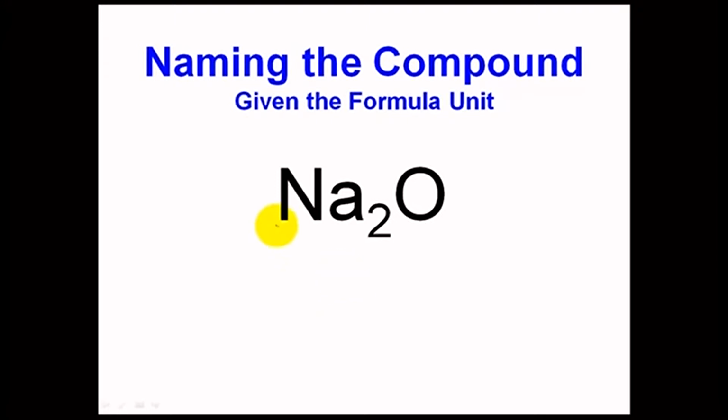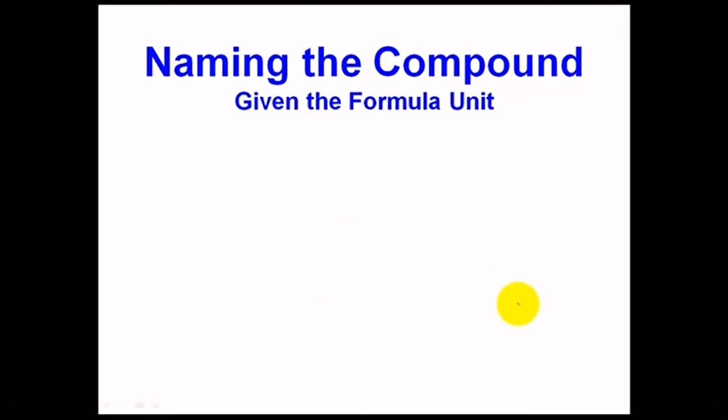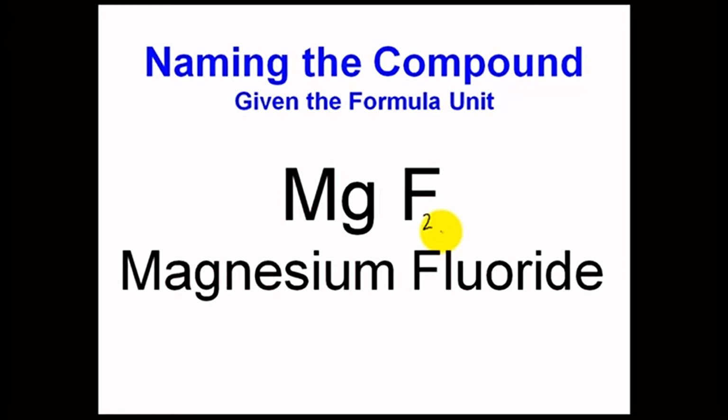Traditionally, how have we named these compounds? We have called sodium and oxygen combined together sodium oxide. We drop the suffix of oxygen and add IDE to it. Next problem: this is Mg and this should be an F2. MgF2 has the name magnesium fluorine, but fluorine gets changed to fluoride, so it becomes magnesium fluoride.